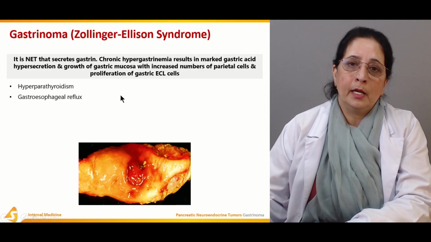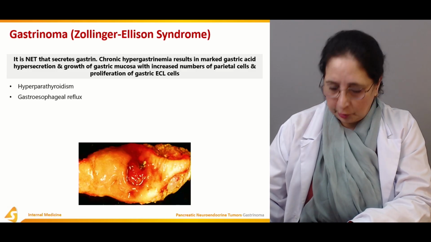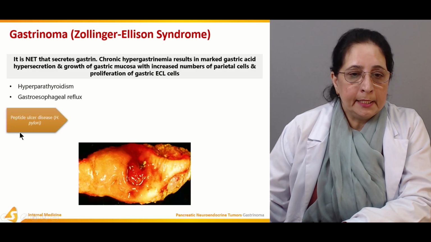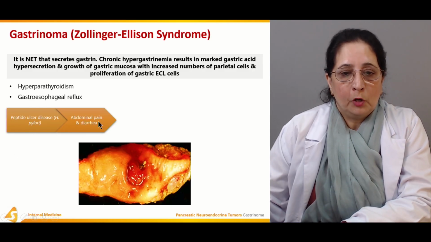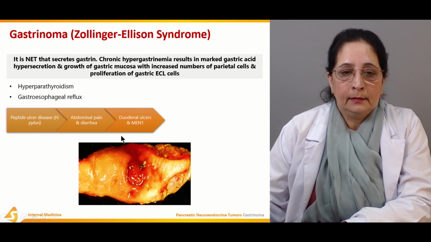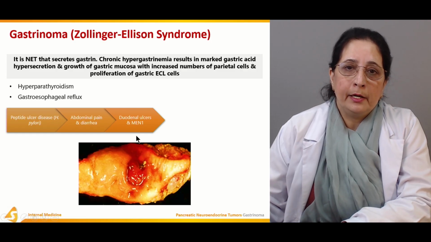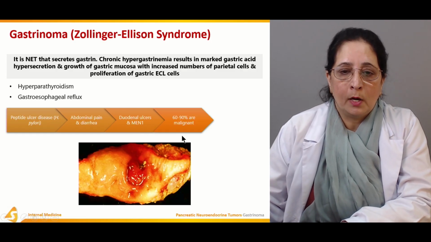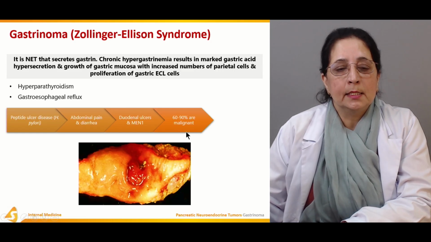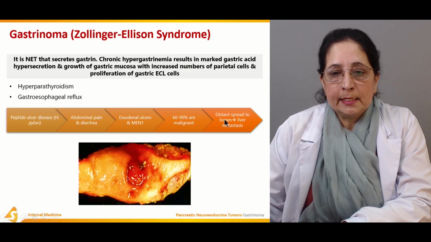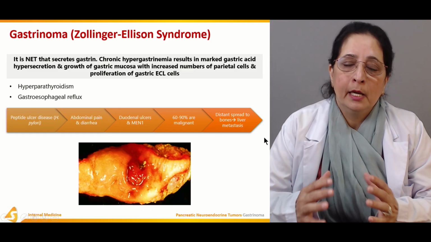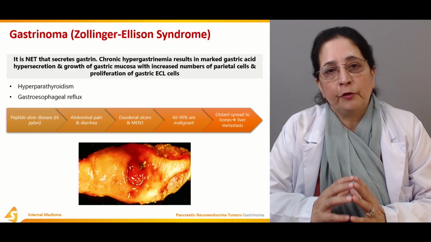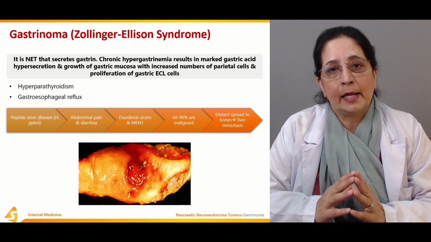So gastrinoma is also Zollinger-Ellison syndrome. Peptic ulcer disease, H. pylori, abdominal pain and diarrhea, duodenal ulcer, and MEN1, which is multiple endocrine neoplasia type 1. 60 to 90% are malignant, with distant spread to bone and liver metastasis. In gastrinomas, we know there is excessive secretion of gastric acid.